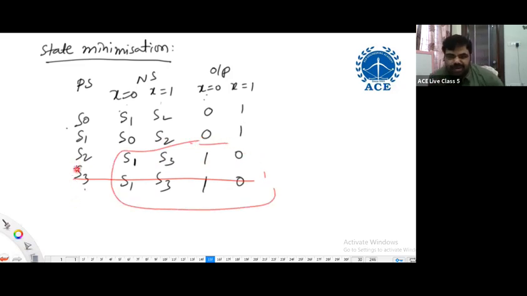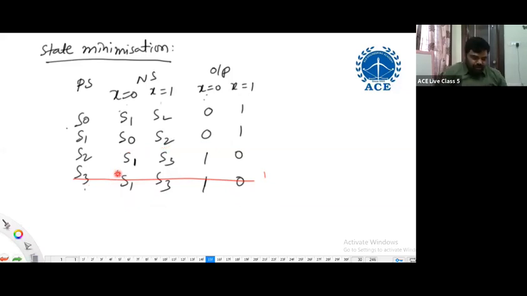One can be merged. Wherever S3 is there, I use S2 now. By eliminating the S3 state or the S2 state, your wish, if I remove the S3 state, wherever S3 is there, I can write S2.